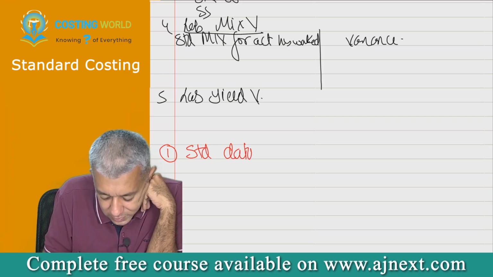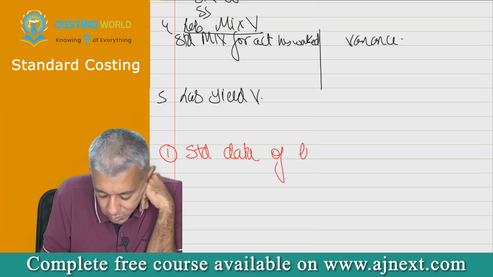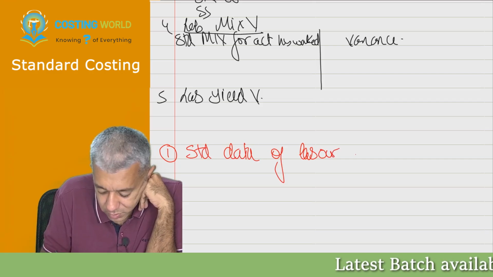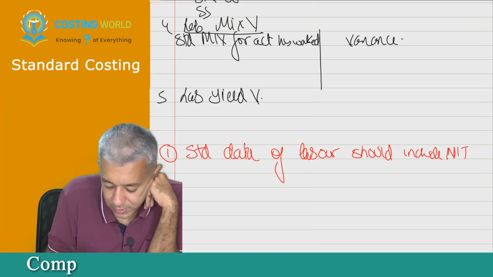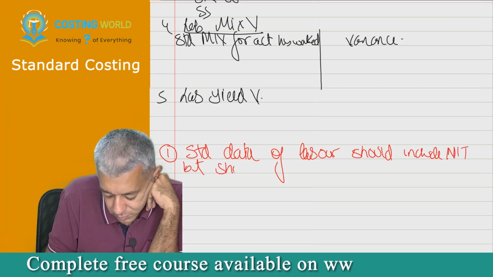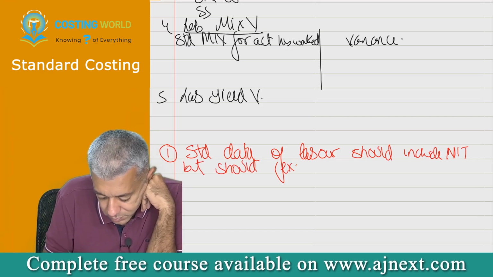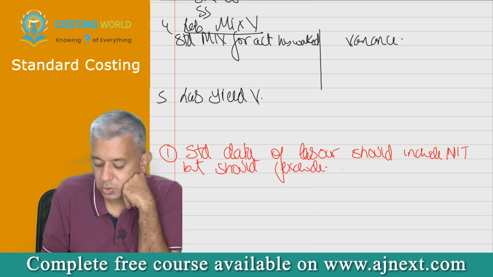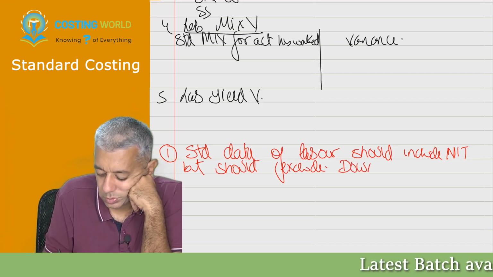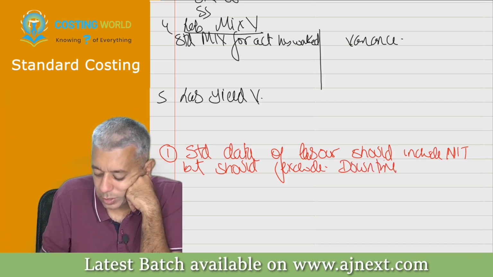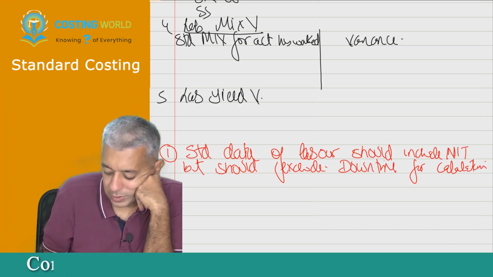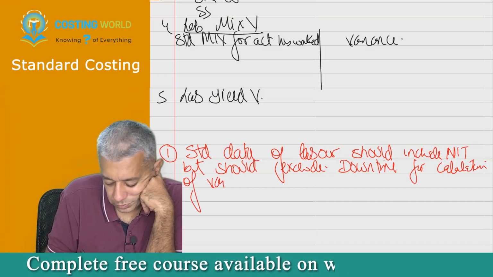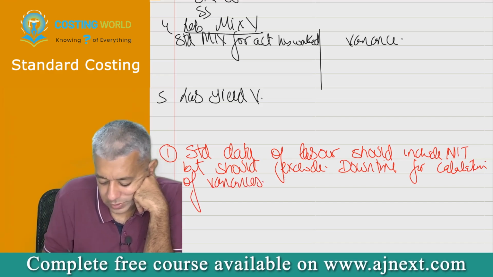Standard data of labor should include normal idle time but should exclude downtime for calculation of variances.